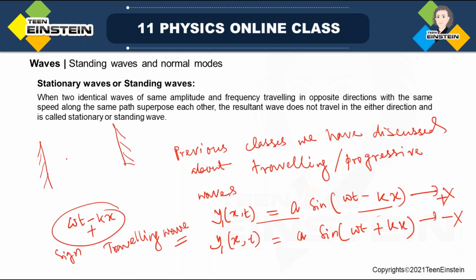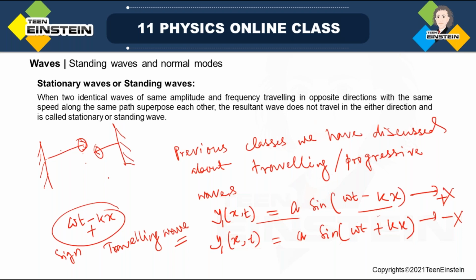If you have some air column and you are inducing a sound wave, it will go in the right-hand direction, and this will act as a fixed wall, and the wave gets reflected back. This reflected wave and the original wave are identical, but they are traveling in opposite directions.